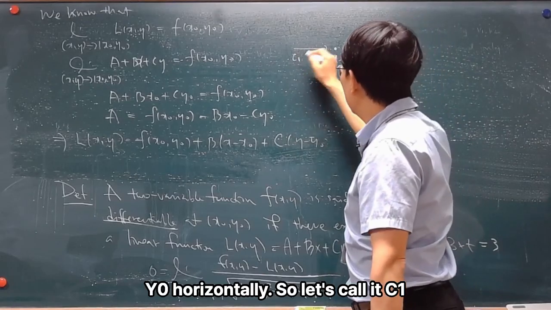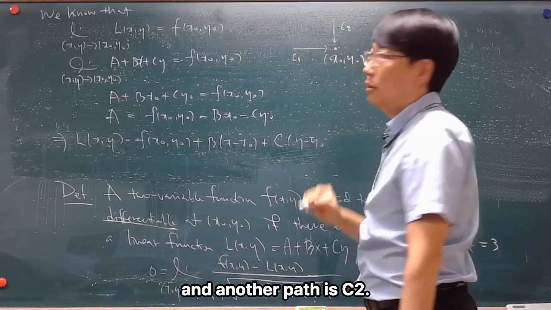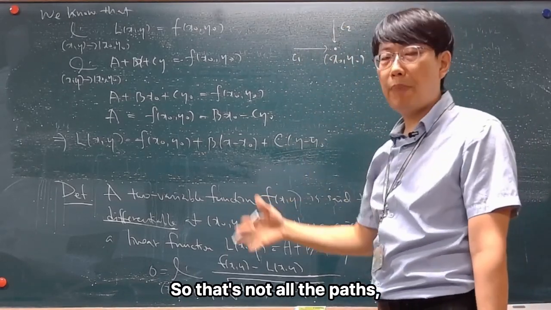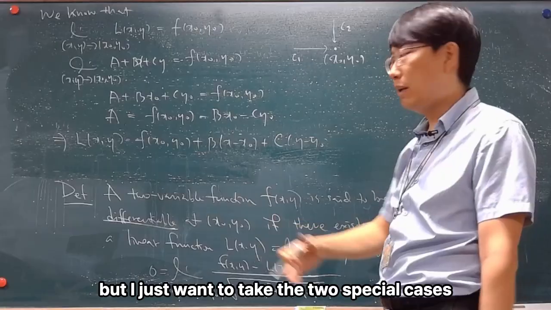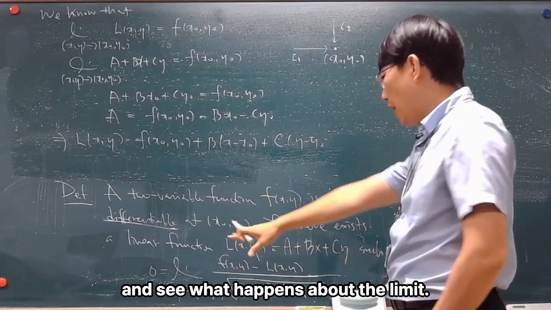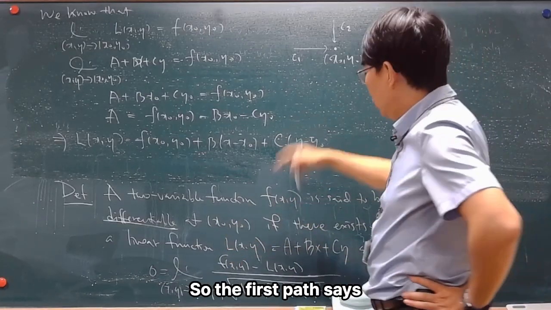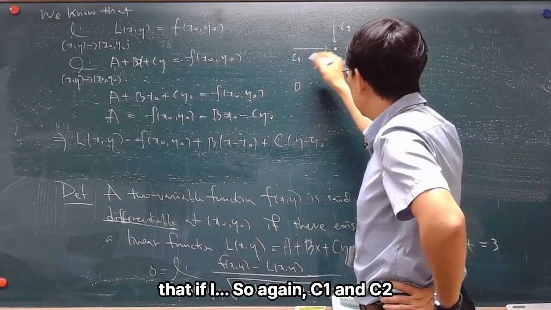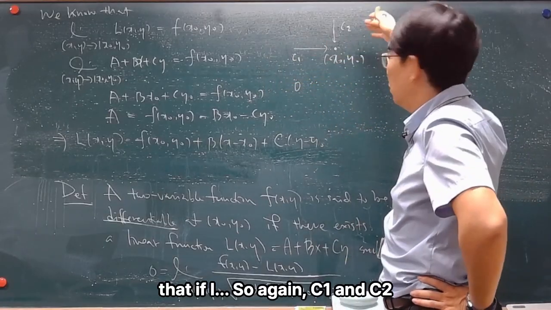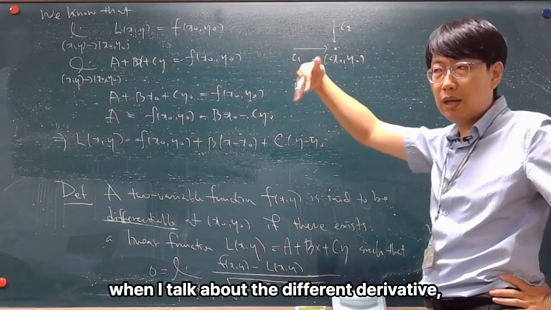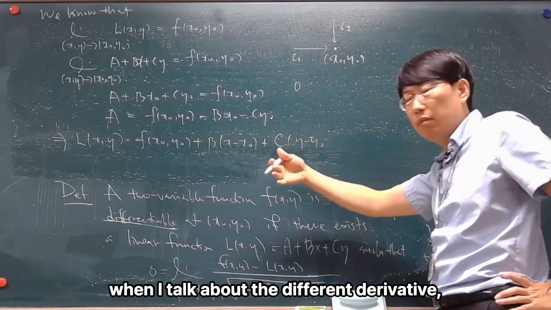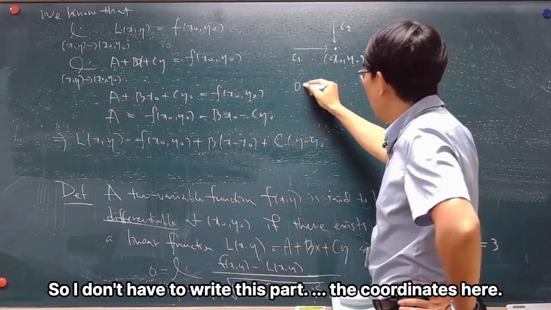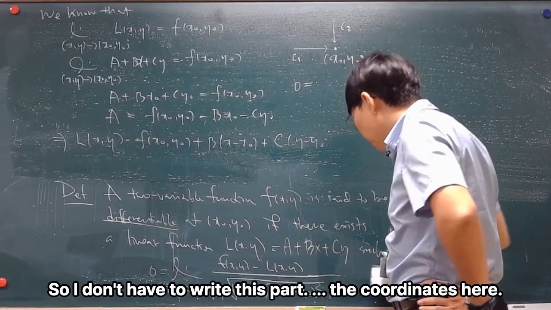Let's call it C1. And another path is C2. That's not all the paths, but I just want to take the two special cases and see what happens about the limit. C1 and C2 are the same paths I took when I talked about the directional derivative, so I don't have to write the coordinates here.